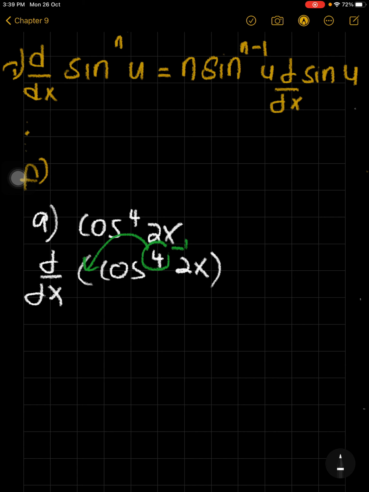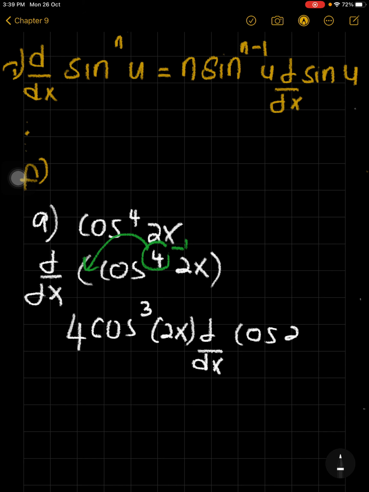So you got 4 cos 3 2x, and then you have to differentiate d dx cos 2x. Hal ni kena hati-hati sebab ni pun you kena differentiate juga.